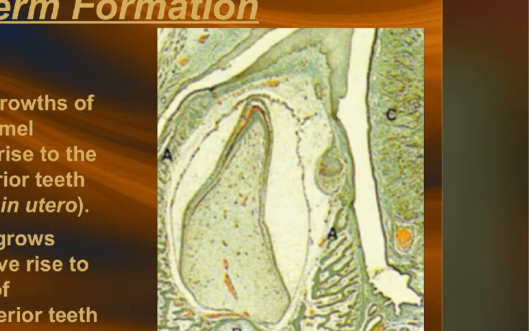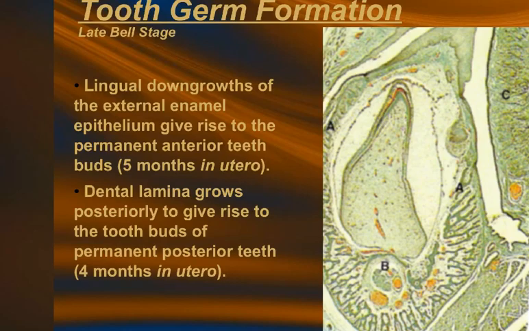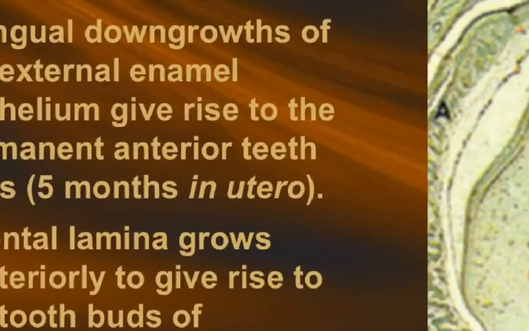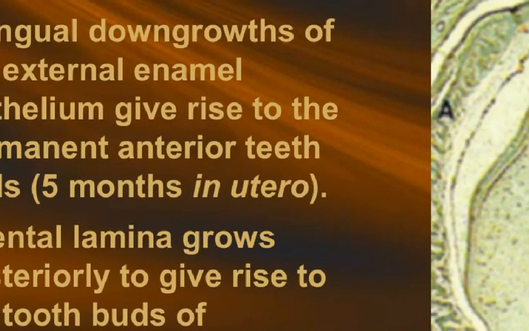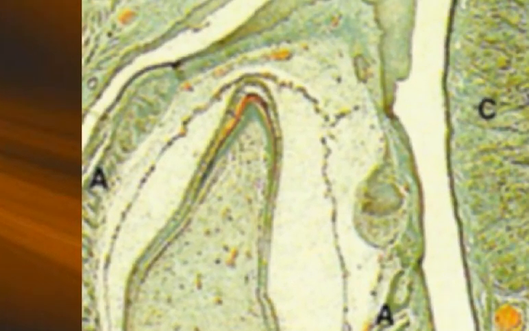The end of the successional lamina becomes oval, starting to become the bud stage at week 20, which is 5 months in utero. But the late bell stage is early, 18 weeks in utero.